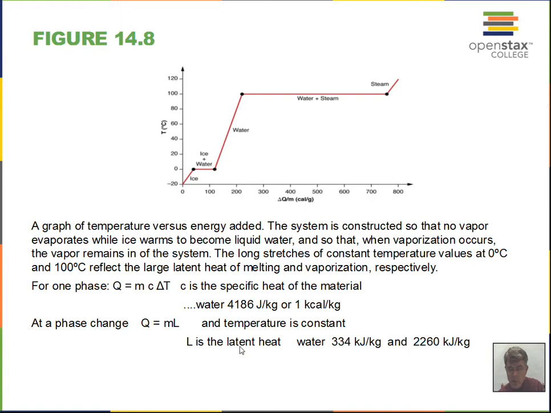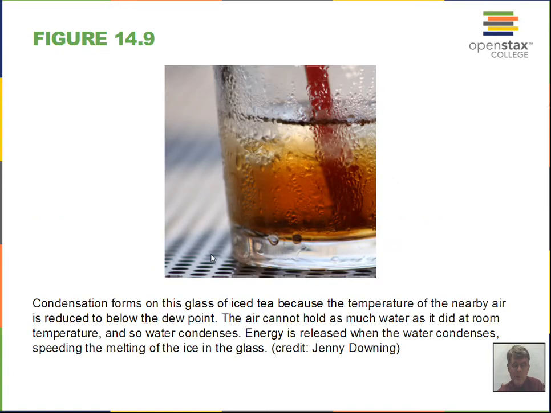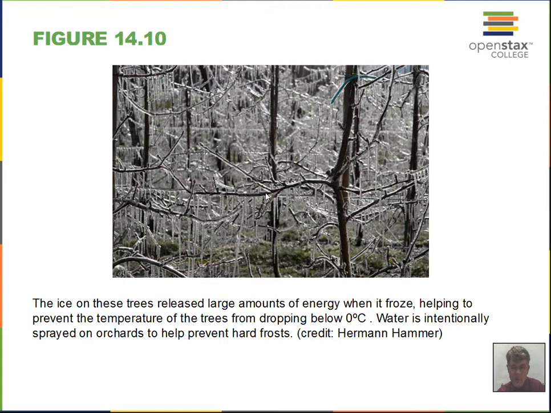Now some examples of phase change: water vapor in the air, summertime, July, August, lots of humidity, and the cool glass cools down the air nearby. When the air cools down, it loses its ability to retain water vapor, so we get condensation on the glass. Or ice forming on trees. When we go from the vapor state to the liquid state, or from the liquid state to the solid state, energy is released. Just the vice versa.